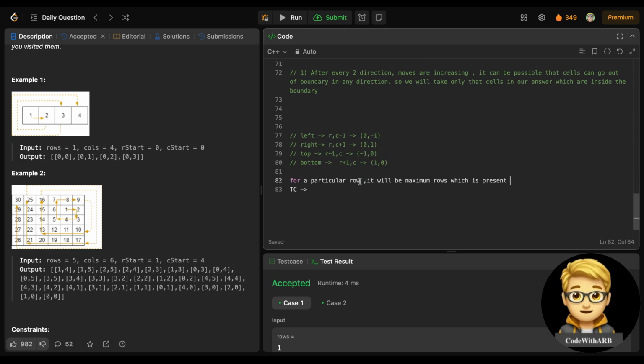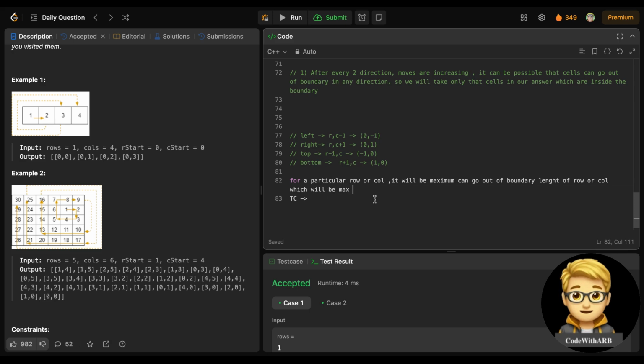So for a particular row or column, it can go out of boundary in a particular move, either the length of the row or column, whichever is the maximum.